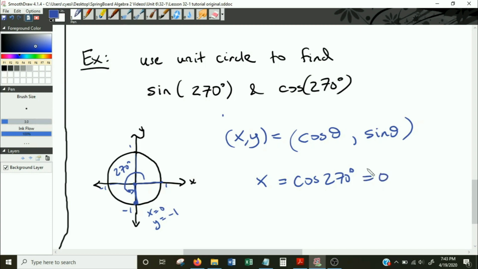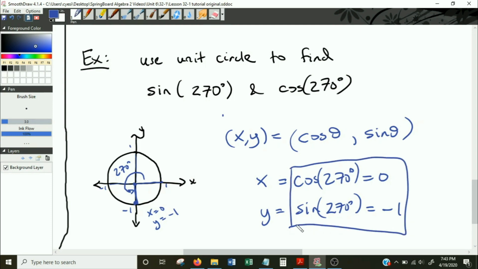So that means that cosine of 270 degrees is equal to 0. And y is equal to the sine of 270, but y is equal to -1, so that means that sine of 270 is -1. So I get these as my answer.